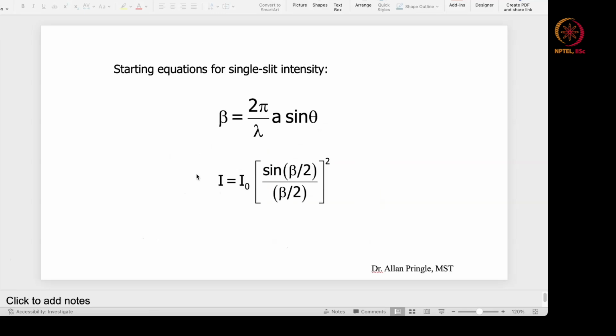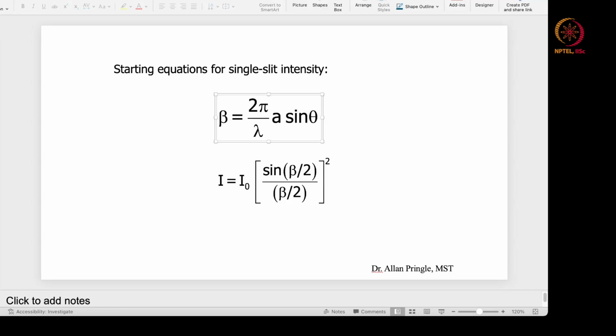So the starting equations for a single slit intensity: beta is equal to 2 pi by lambda, a into sine theta. And I, which is the intensity, is the incoming intensity multiplied by this particular factor. As you can see, with sine theta equal to 0, beta becomes equal to 0. In other words, this particular intensity goes to a maximum.